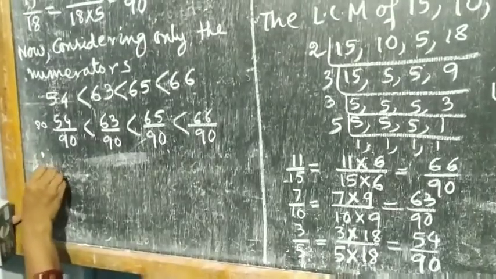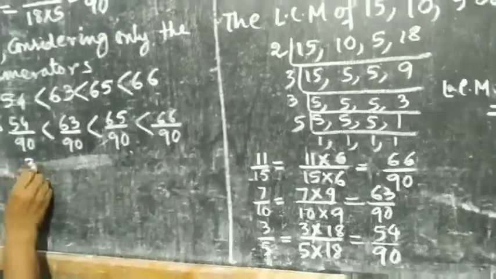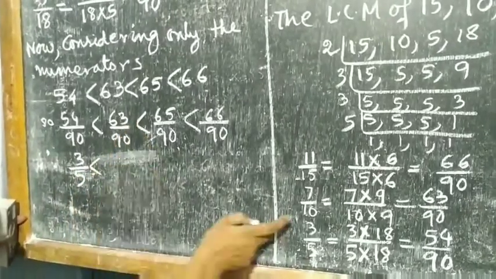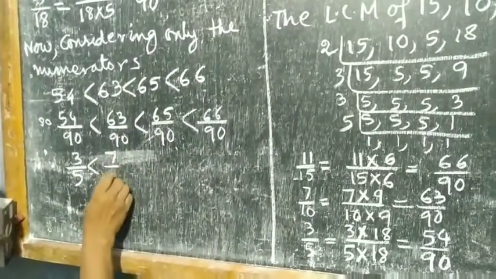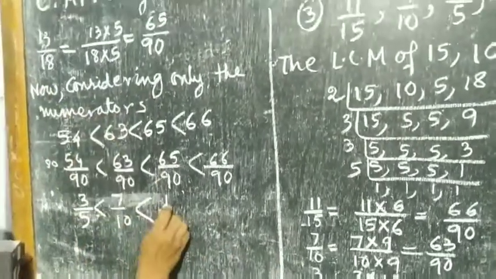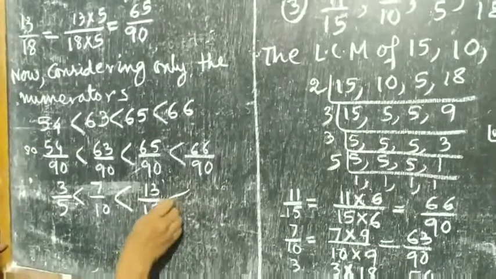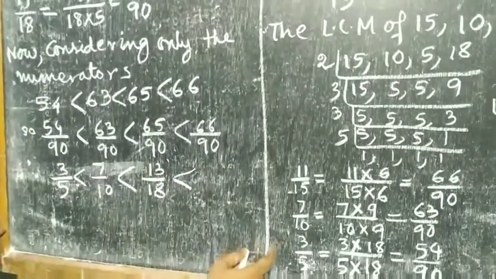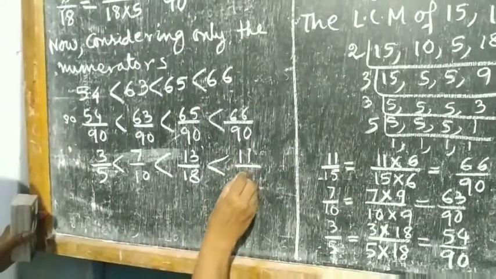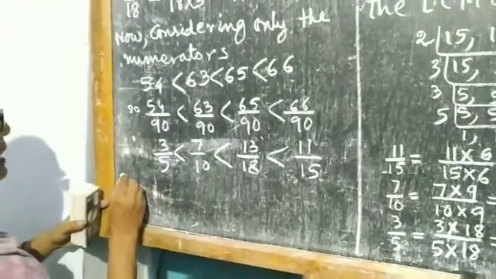Therefore, 54 by 90 means 3 by 5. So 3 by 5 is less than 63 by 90, which is equal to 7 by 10, 65 by 90 equal to 13 by 18, and 66 by 90 equal to 11 by 15.